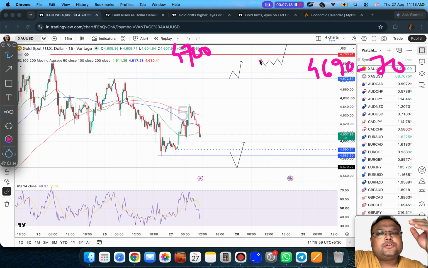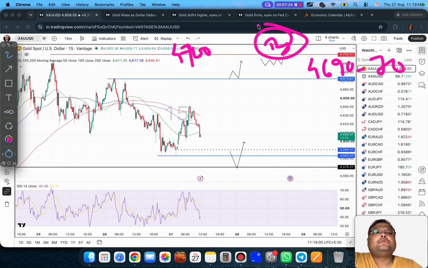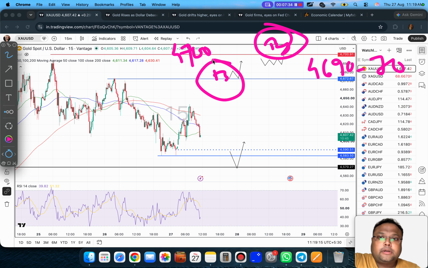If market consolidates and then breaks 4700, we can look for a buy around 4700. So here also we are looking for a buy position after a pullback. Because 4670 is inside the range, it is risky, so we will try to buy on the pullback here. And here also we are looking for buy positions only.